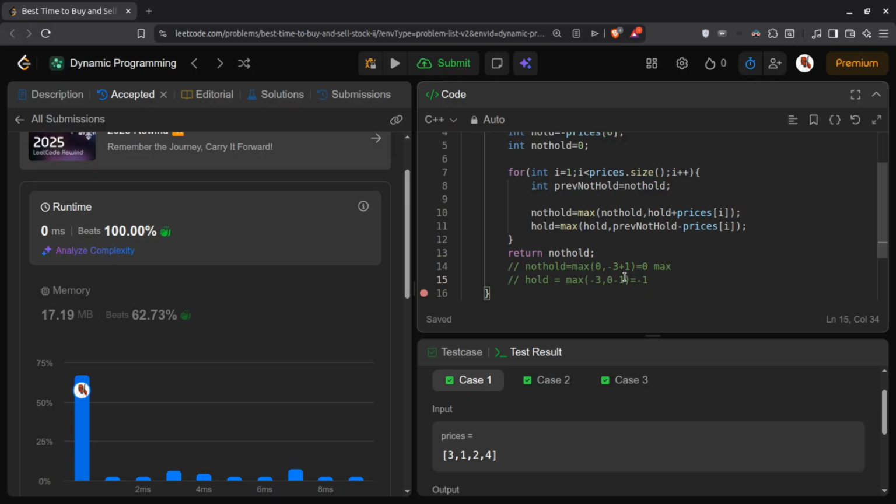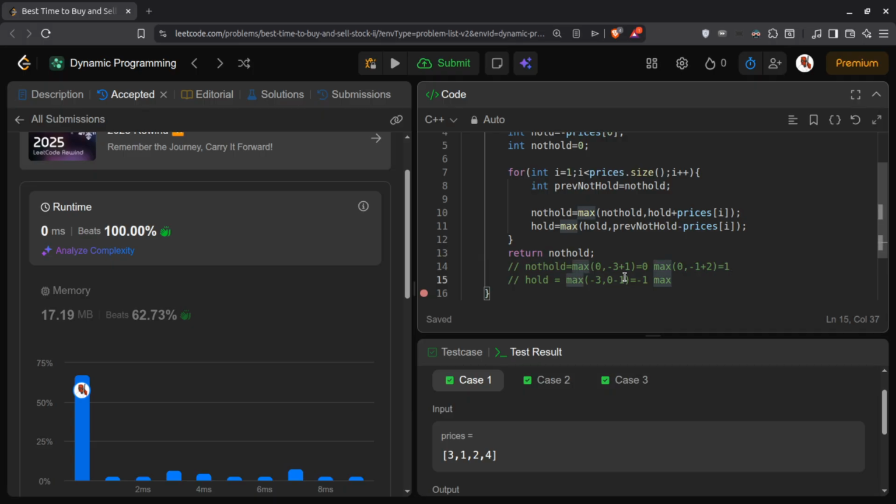Okay, then we'll go with notHold. This time notHold is 0, comma, hold is minus 1, at day 2. What is the price of the stock? At day 2 the price of the stock is 2, so it will be 1.